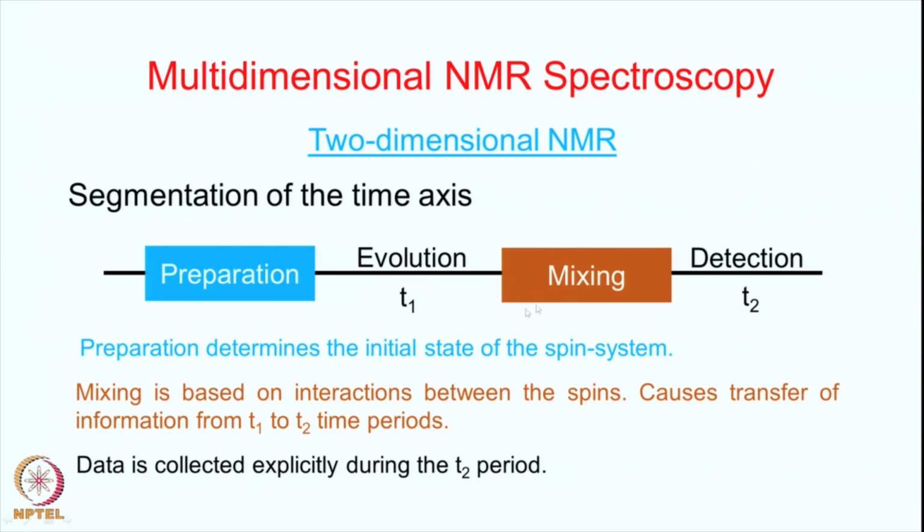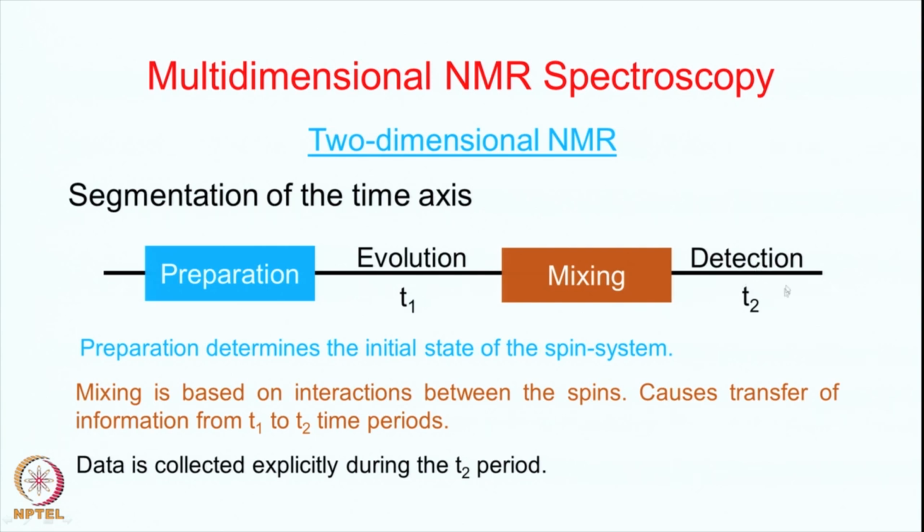And the mixing is the period which allows mixing of spin systems. So, it depends on various kinds of interactions between the spins, and it will cause transfer of information from this state of the spin system to this state of the spin system.